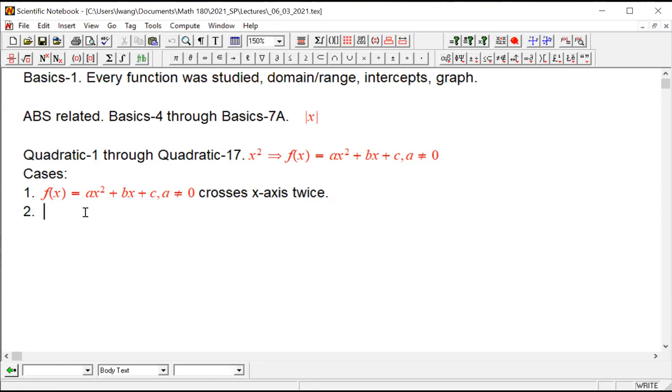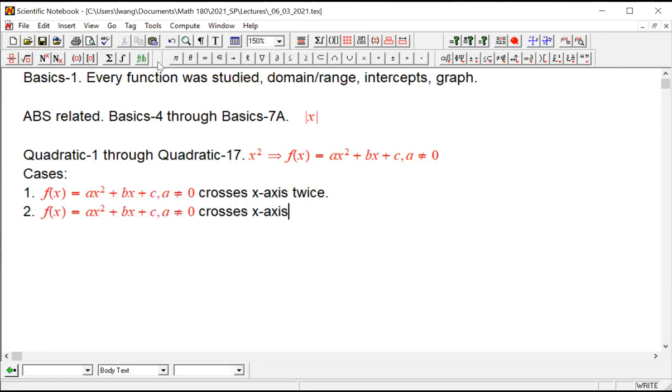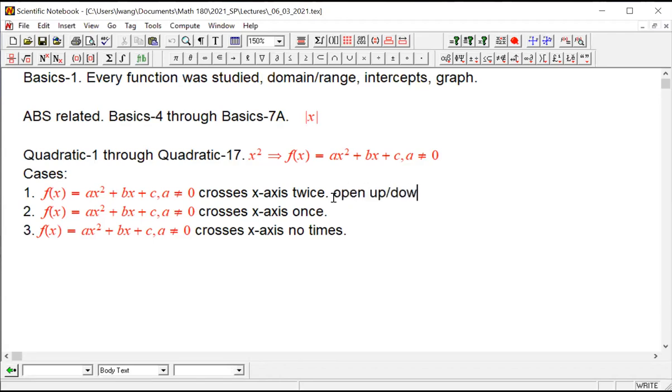The other case is it crosses how many times? Once. And case number 3, it crosses no times. It could be opening up, it could be opening down.